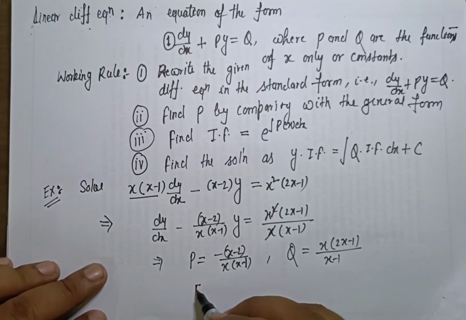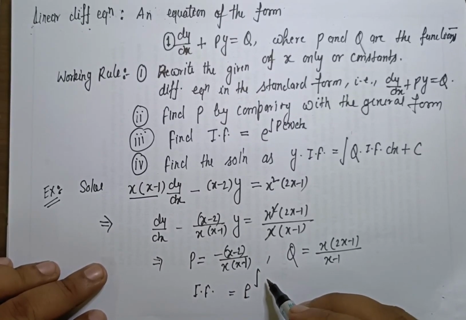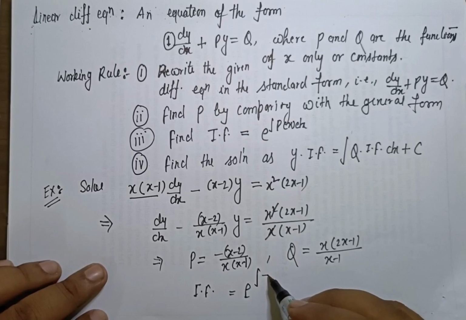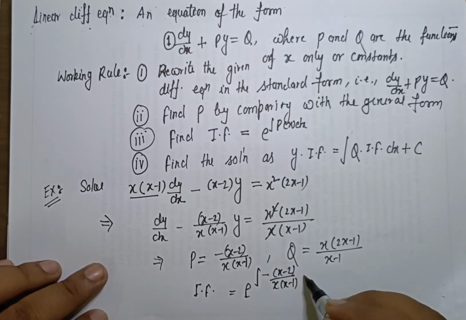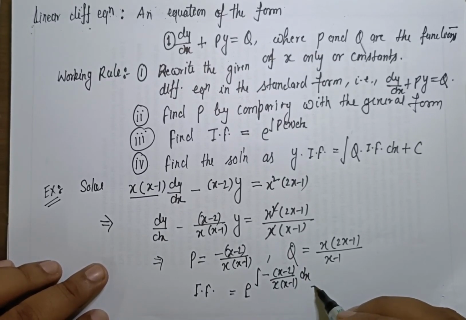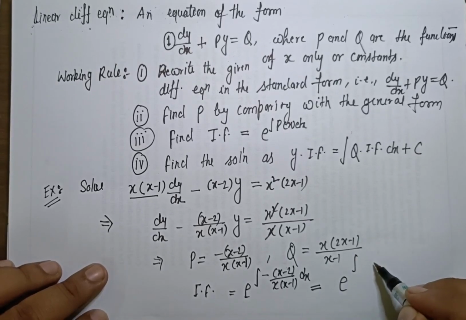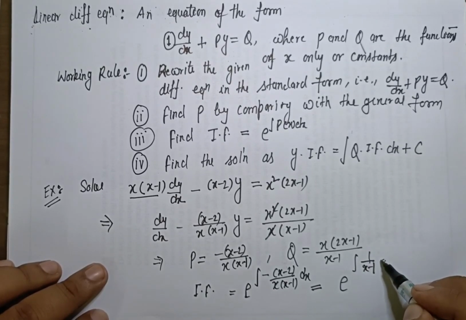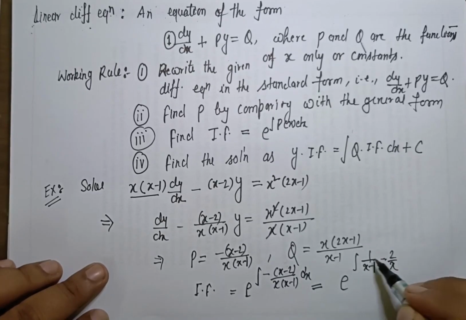After that we need to find the integrating factor, which is e to the power integration of P dx. So we have minus (x minus 2) divided by x into (x minus 1) dx. What is the solution for this? We can write it as e to the power integration of 1 upon (x minus 1) minus 2 upon x dx.